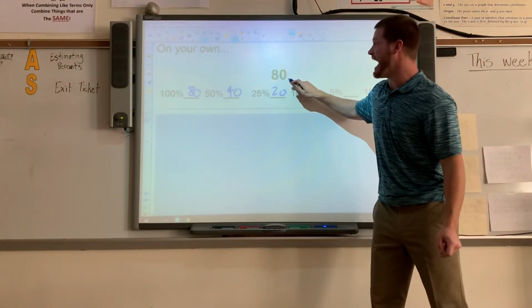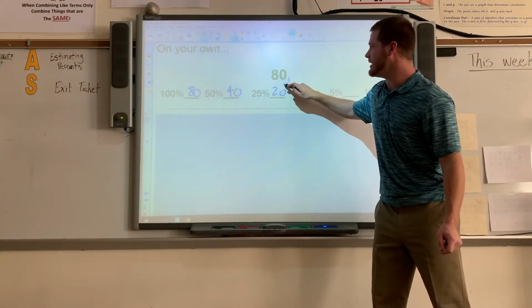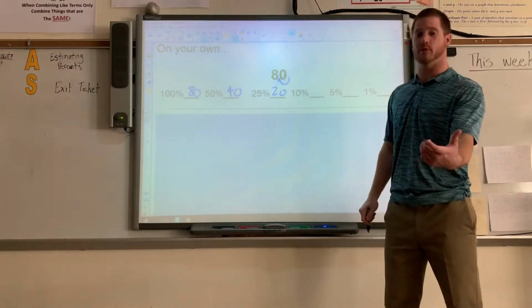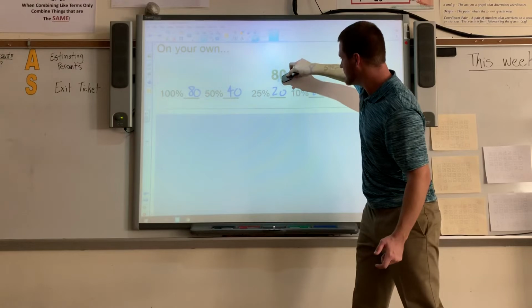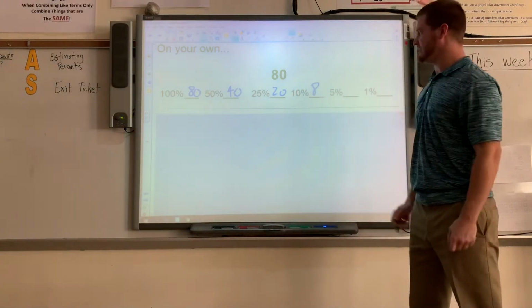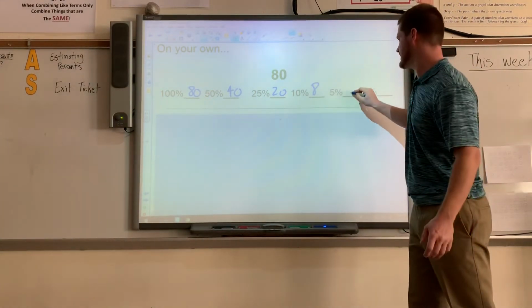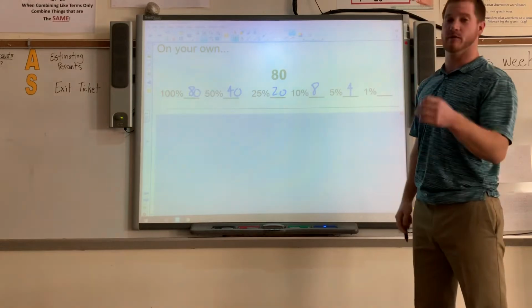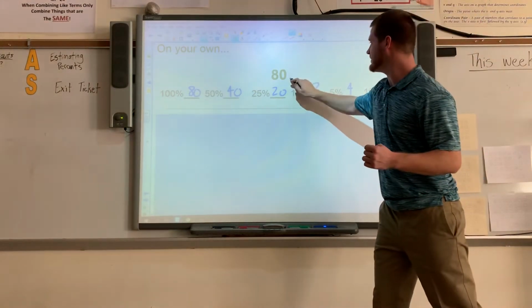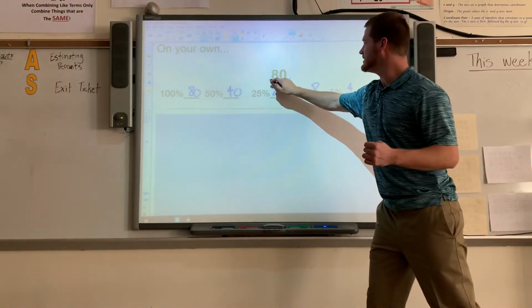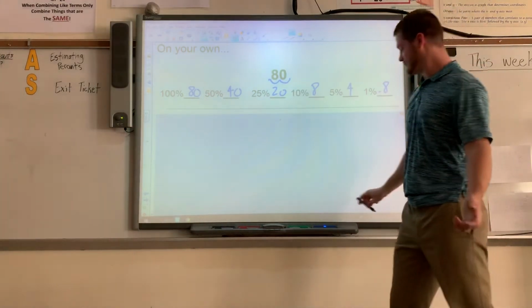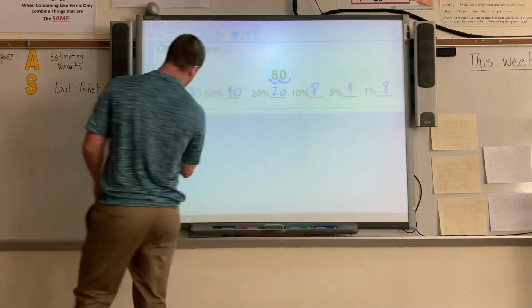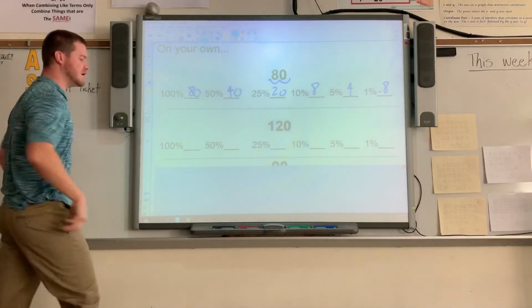The decimal's right here after the 0. We move it 1 spot in between those, we get 8.0, which is aka 8. 5%, we take half of the 10%, that gives us 4. Remember, 1%, we move it 1, 2. So we get 0.80 or just 0.8. 0.80, 0.8, same thing.